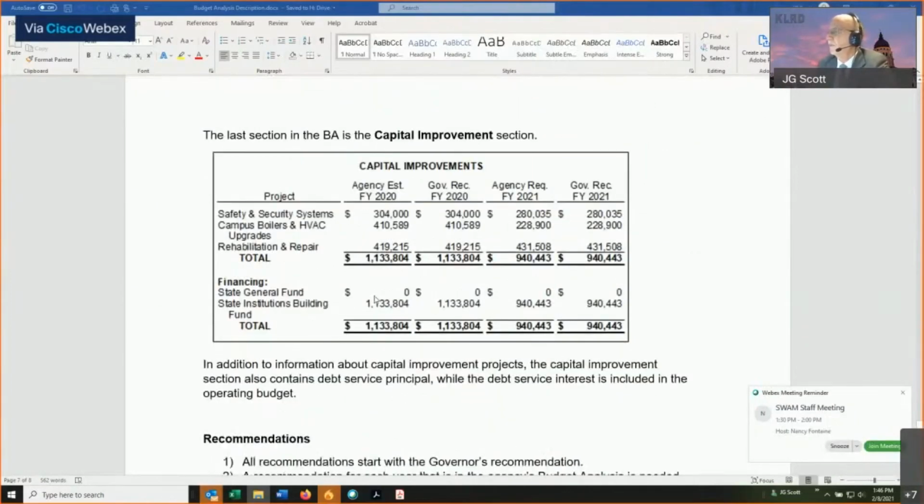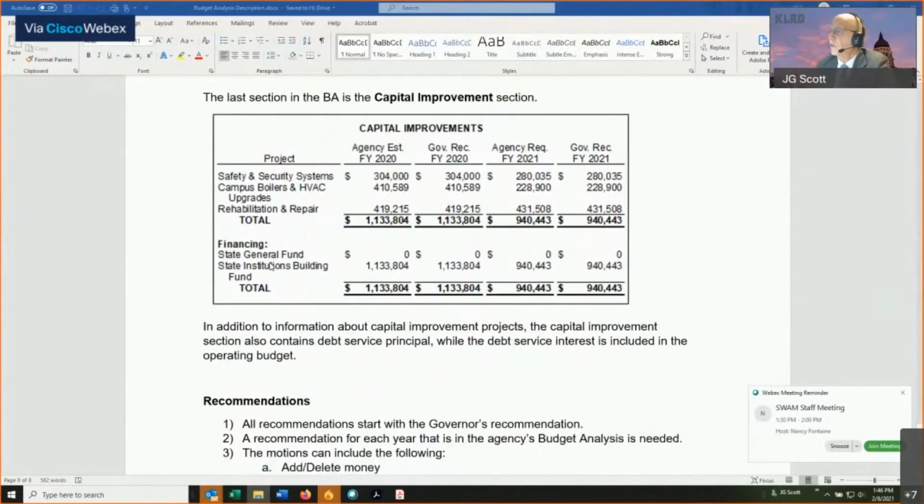Capital improvements, you will find these capital improvements in the School for the Deaf and School for the Blind. Those are large expenditures that go to large projects that will last a period of time. So there's security systems. They had some boiler and heating and air conditioning upgrades, and then how those were financed.